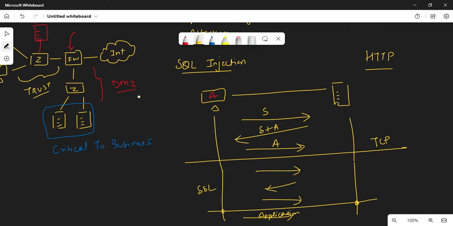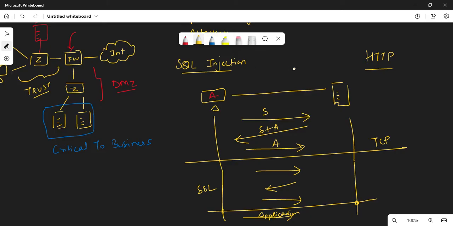Now all the signatures cannot be there with the firewall. Although we receive threat intelligence information from various sources, it still cannot have all the signatures, right? It can have signatures of well-known or recently discovered vulnerabilities. It can have signatures of various malware.